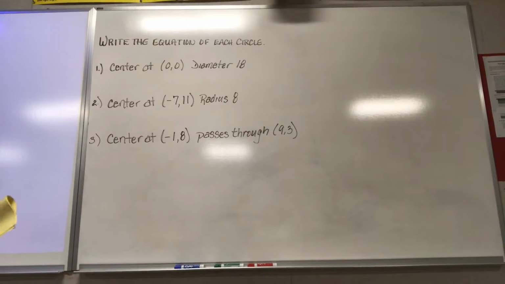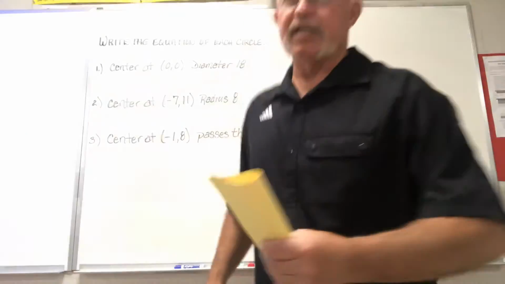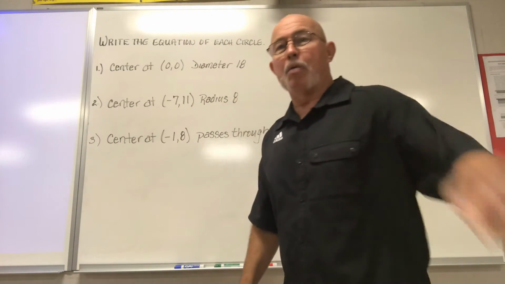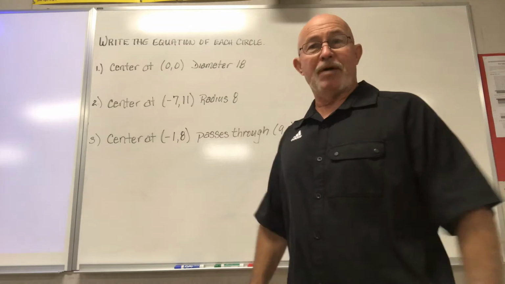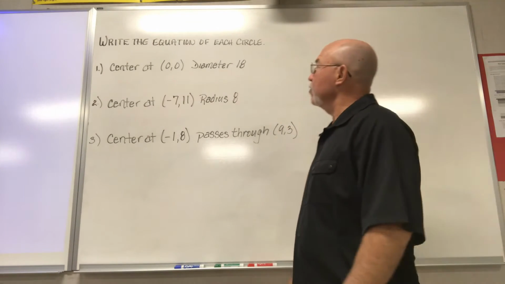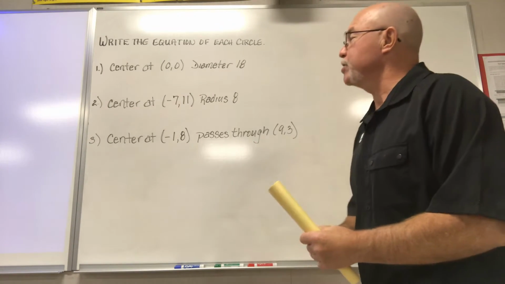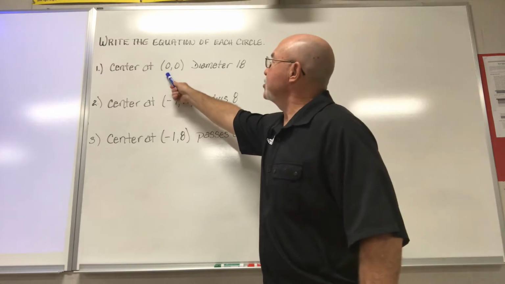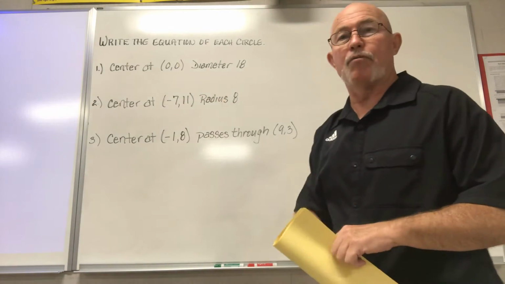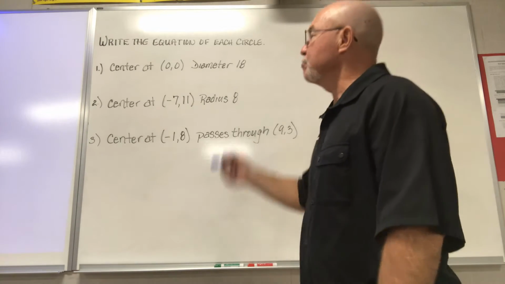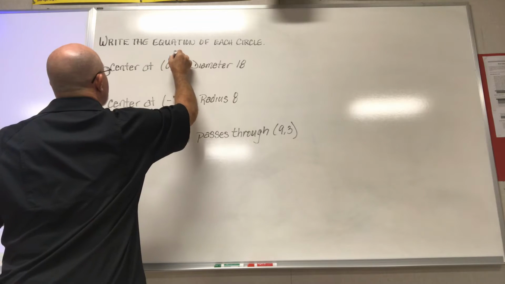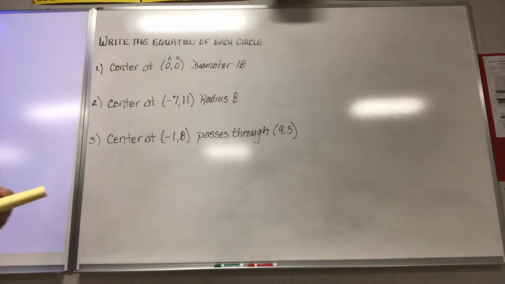I finally used a little common sense and wrote the directions below that big old white light up there. So write the equation of the circle if the center is at 0, 0. This is my H and the K, right there.